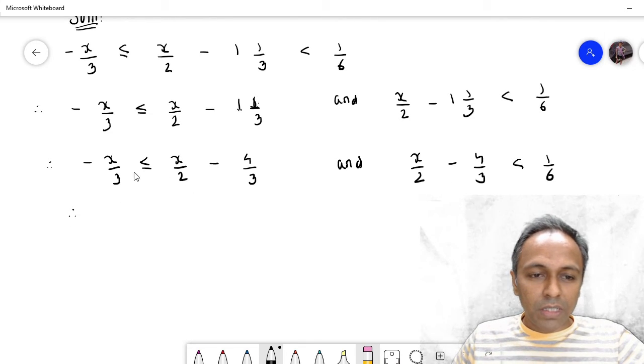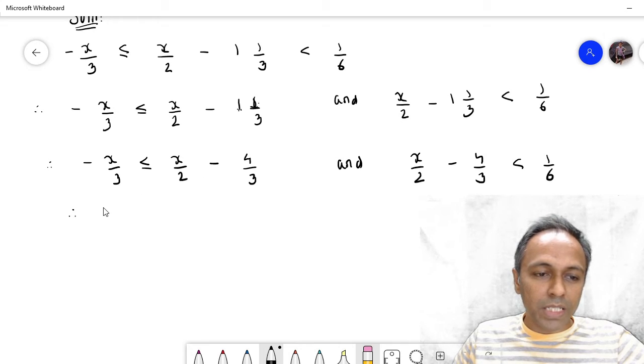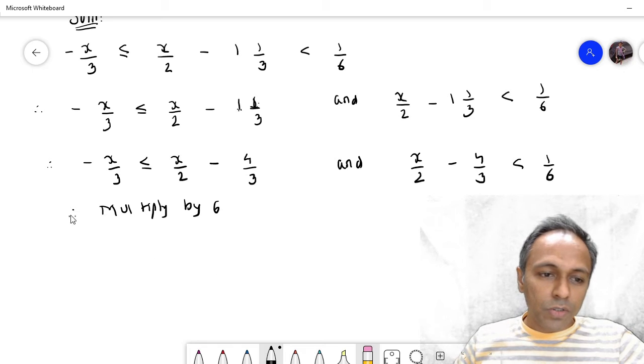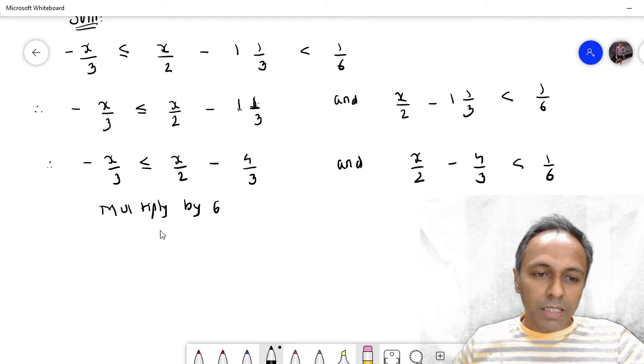As usual, let us see the denominators. 3, 2 and 3. So the LCM is 6. So we can multiply by 6. Let's multiply every term by 6.